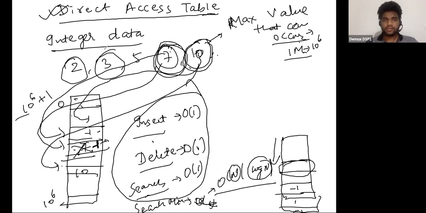Okay. So this is basically a direct access table. If you were to use this kind of a data structure, then you get these operations in order 1 time. But what is the flip side of this, or what is the downside of using something like a direct access table?